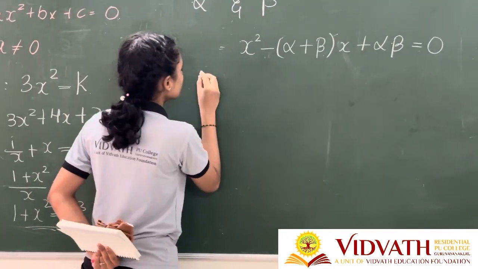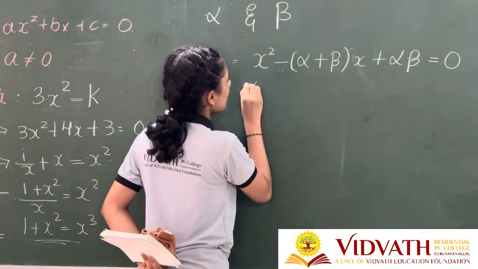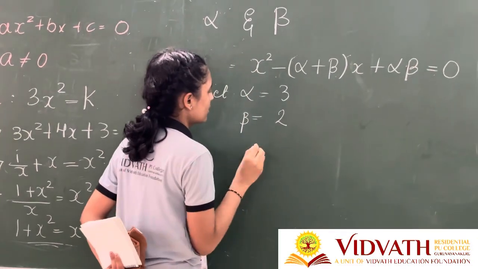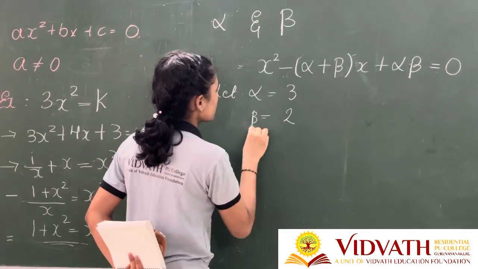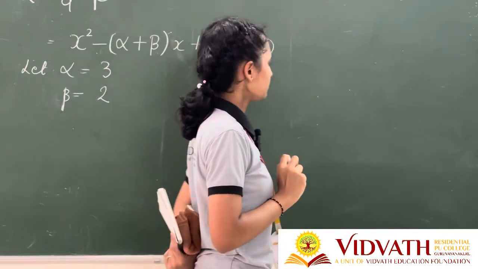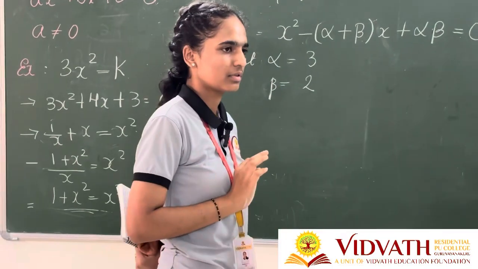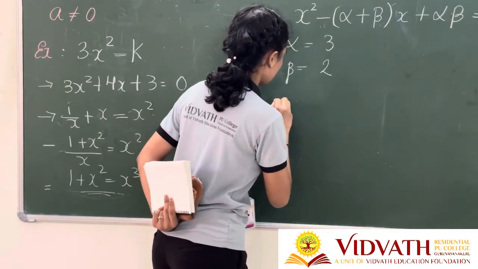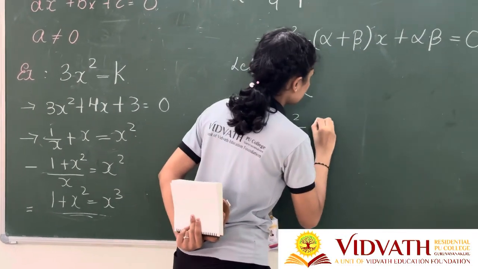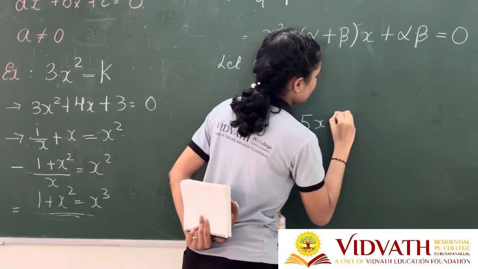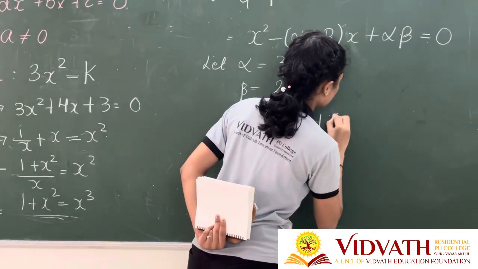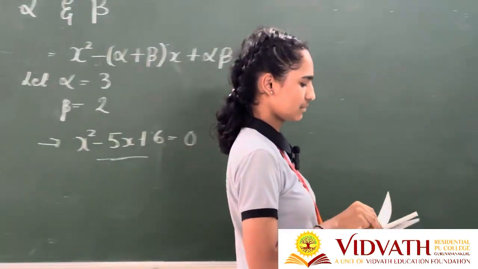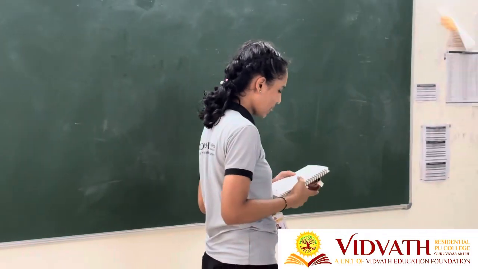Let's take an example. Let alpha be 3 and beta be 2. You just consider anything. So can you say the equation now? Yeah. It's x square minus 5x plus 6 is equals to 0. Then I'll give you a question.